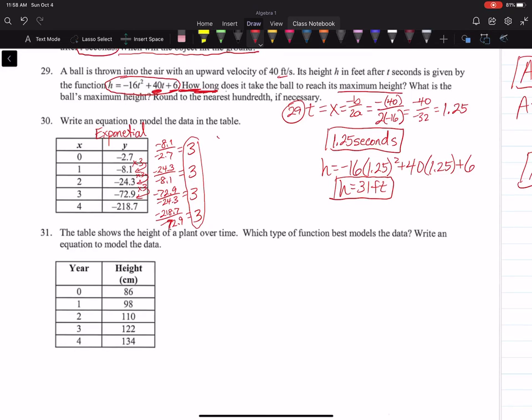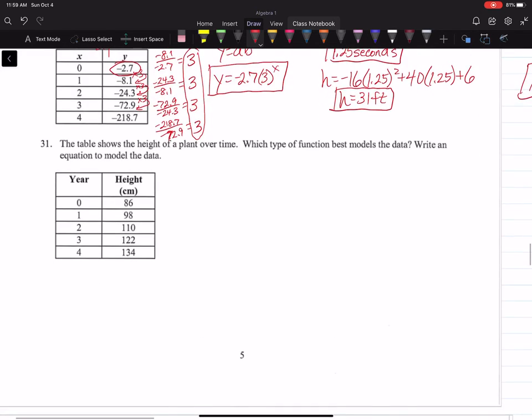Exponential form is y equals ab to the x power. A is your initial number, so my initial number is negative 2.7. B is what you're multiplying by, that's 3 to the x power. Boom, done.